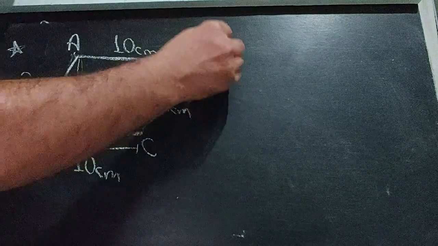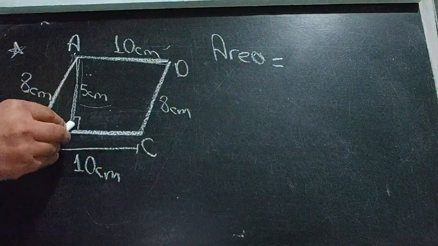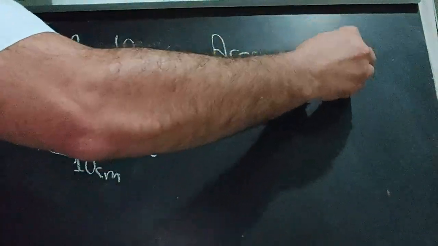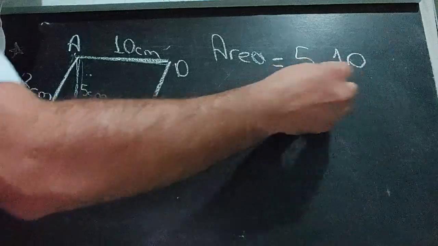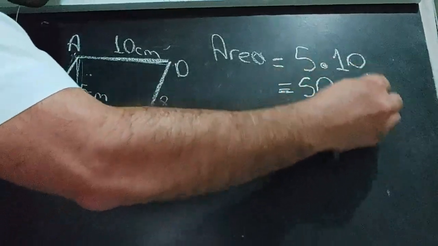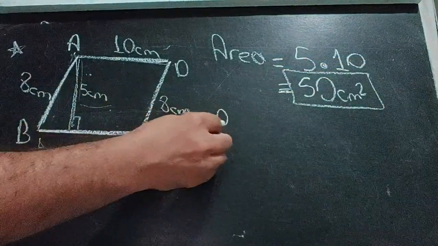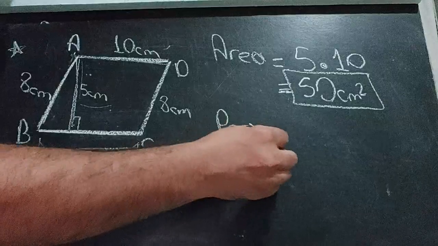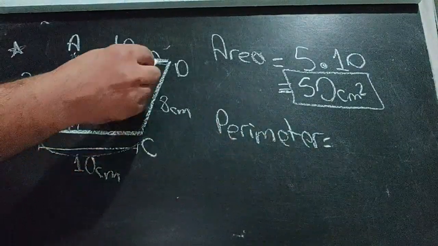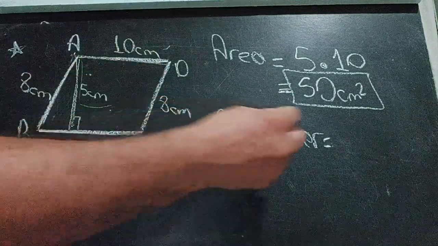Okay, area will be height times base, which is going to be 5 times 10. From there I will get 50 centimeter square. Right, now the perimeter will be 2 times this plus 2 times this, 2 times 8 plus 2 times 10.